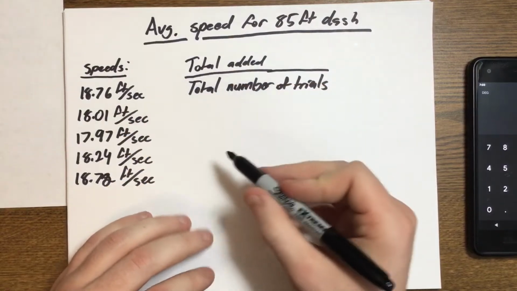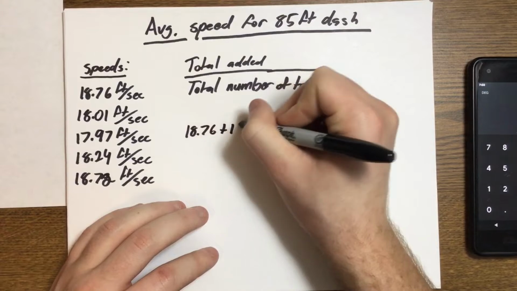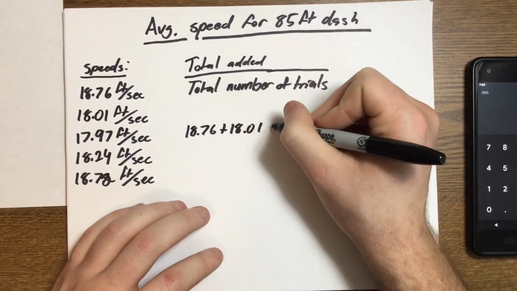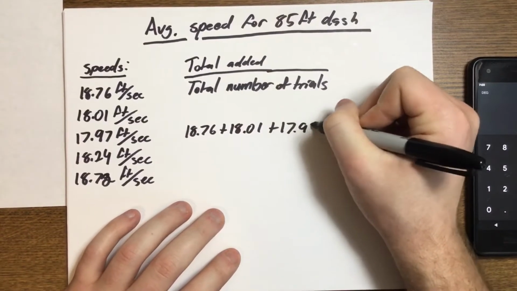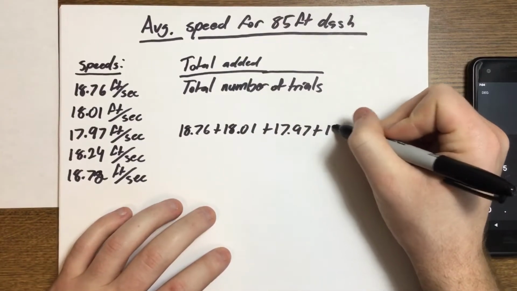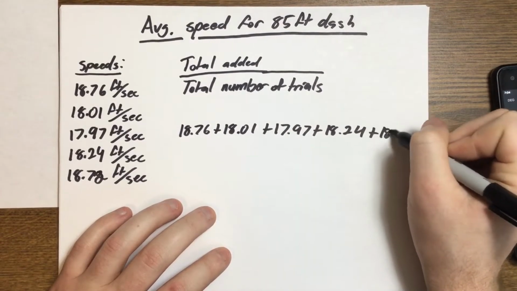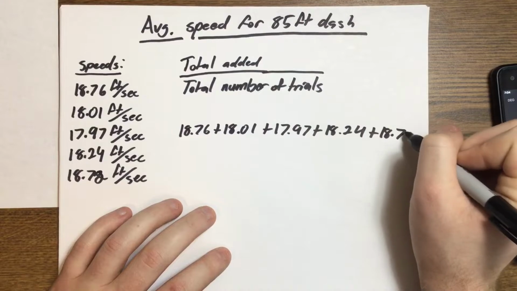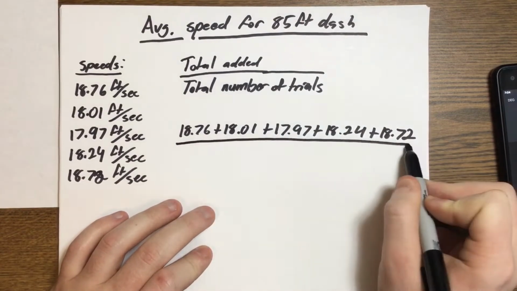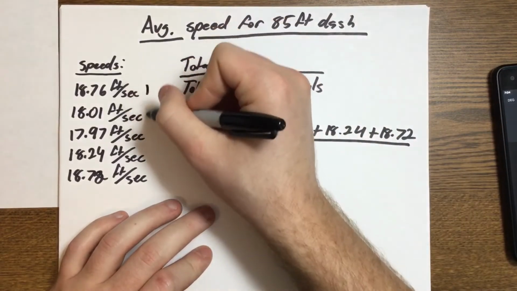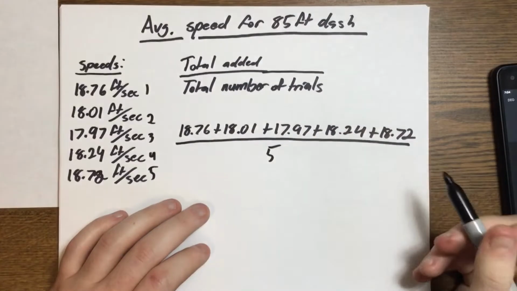So we need to add up these for our totals. We have 18.76 plus 18.01 plus, I'm going to go through all these and speed it up. So adding all these up and then divided by total number of trials. We have 1, 2, 3, 4, 5 trials divided by 5.